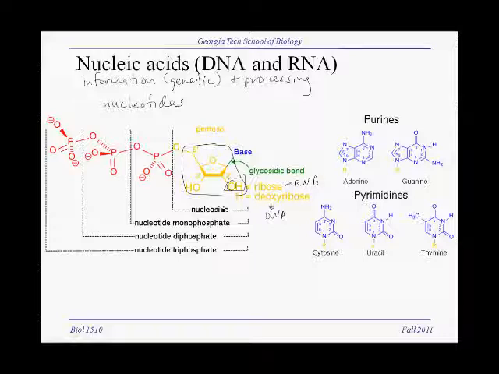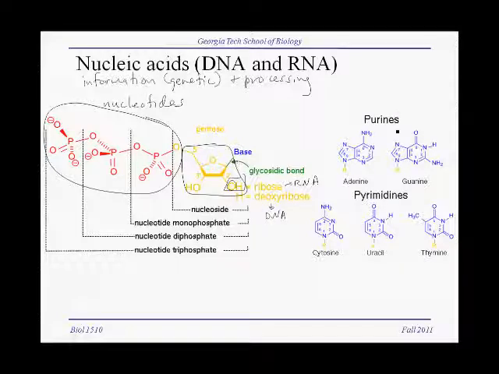We won't talk about nucleosides very much at all. We will talk a lot about nucleotides. Nucleotides means that they have phosphates attached to them, between 1 and 3 phosphates. So in addition to the sugar and the phosphate, the ribose is attached to a nitrogenous base.